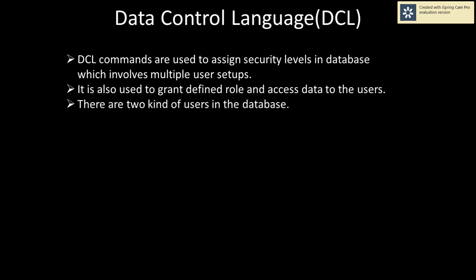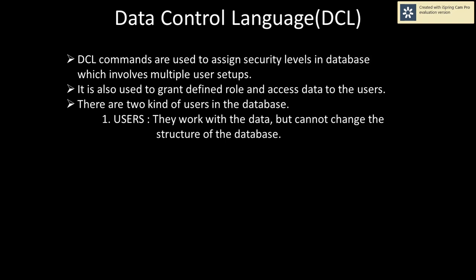Next point, I have written that there are two kinds of users. In the previous point, I have told that users. Then what are the users and types of user? There are actually two kinds of user. First, users, that is they work with the data. I will give an example: we are different users. I have written that they work with the data but cannot change the structure of the database.